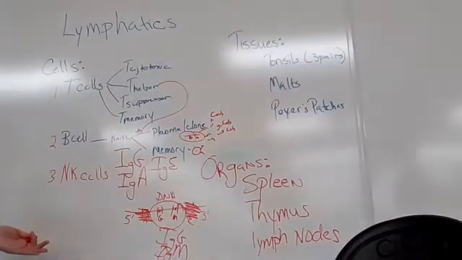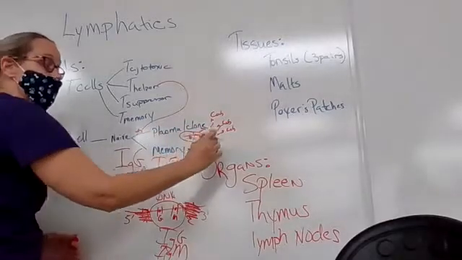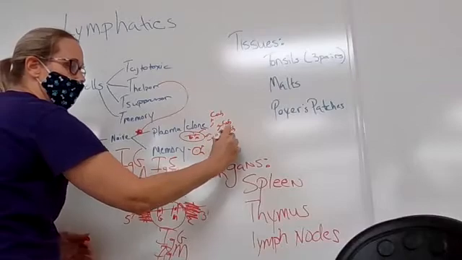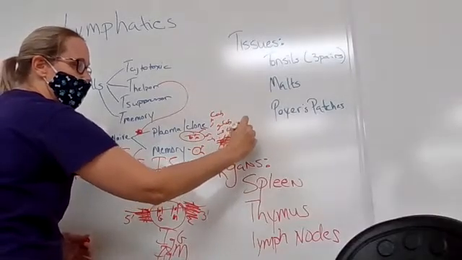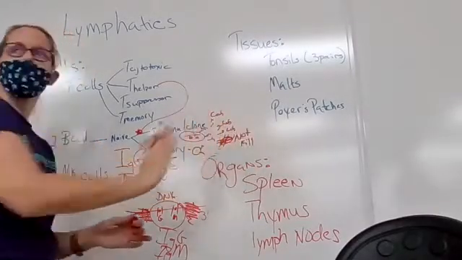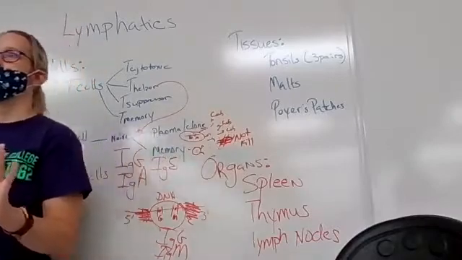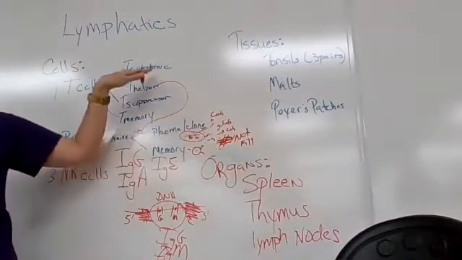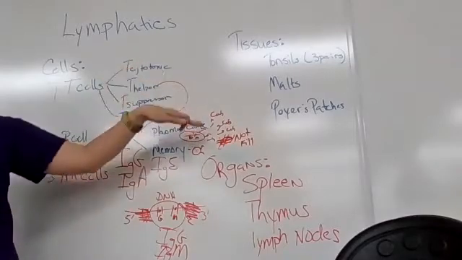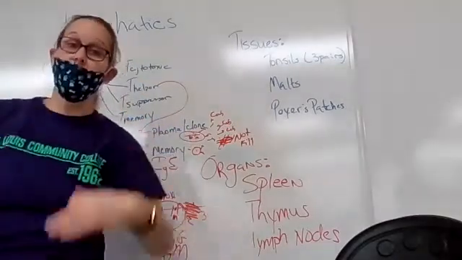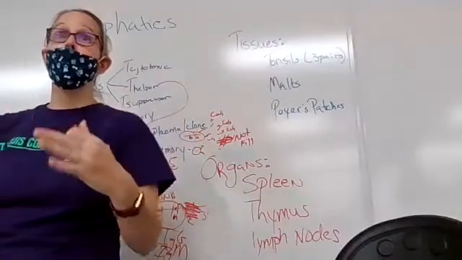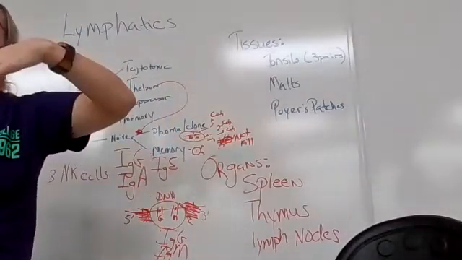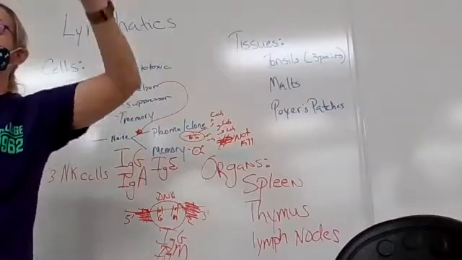Okay? These antibodies do not kill. All they do is attach. So if a cell is attached with antibody, either my cytotoxic cell can come in and kill it, or my macrophages can come in and kill it, because now we know antibodies are binding it, that it's a bad cell.